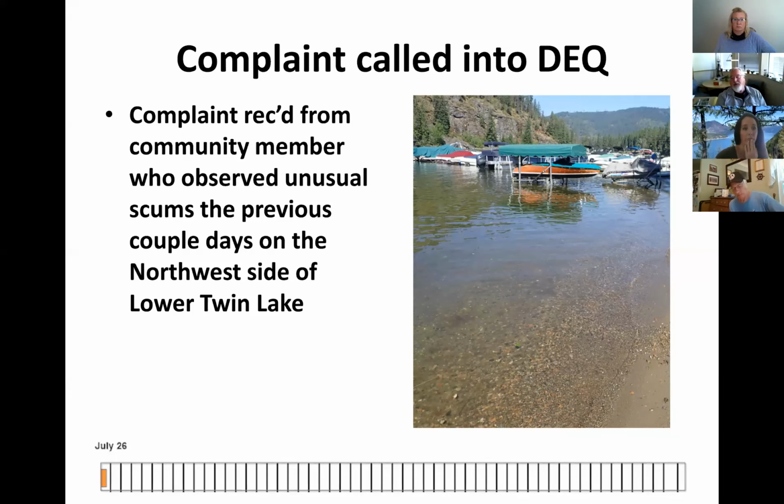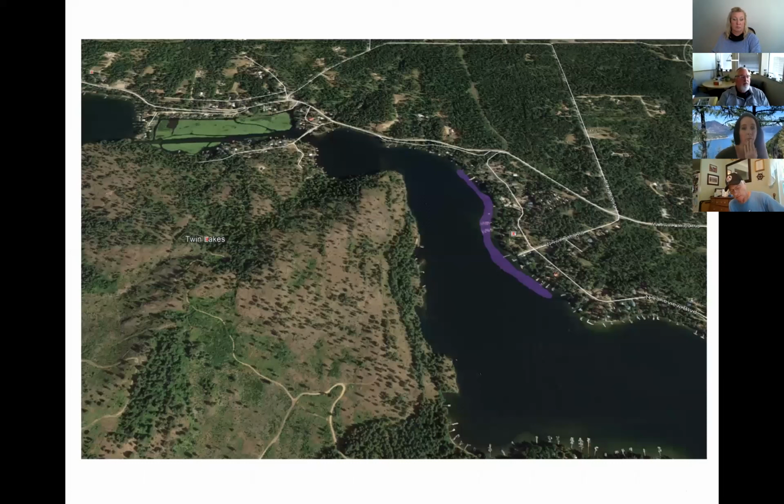That's typically our kickoff for needing to go out and take a look at the area. We followed up, and in the purple zone I've identified on my slide, we walked that shoreline looking for what we would find as a typical harmful algae bloom. We did not see any on that date.